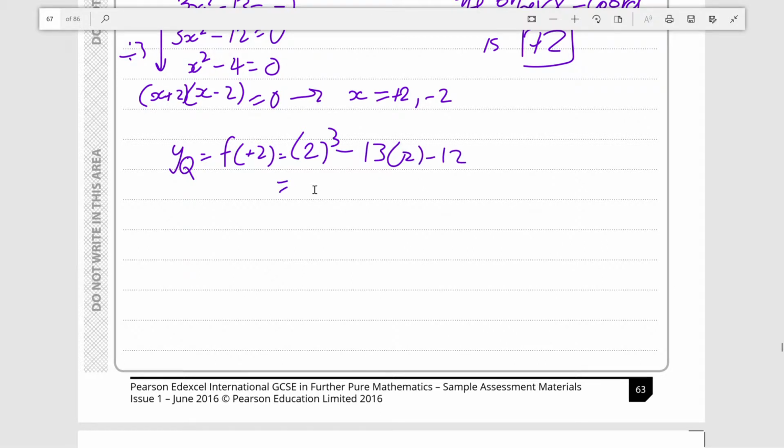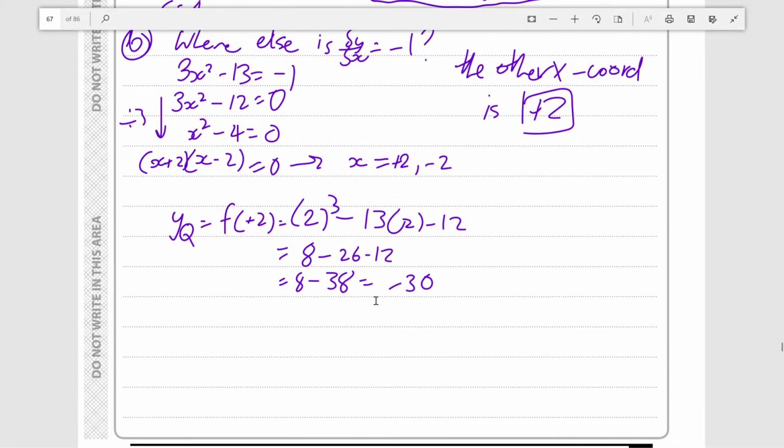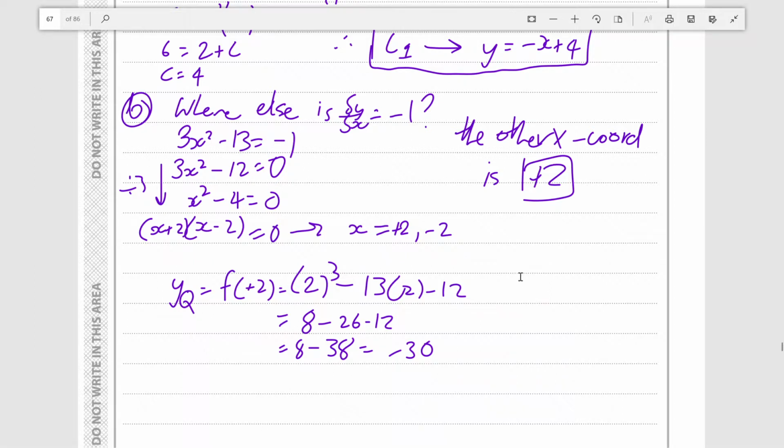And this is equivalent to 8 minus 26 minus 12, or 8 minus 38, which would be equal to negative 30. And so we find that the y value for Q is negative 30. So therefore, Q is the point of positive 2 and minus 30.